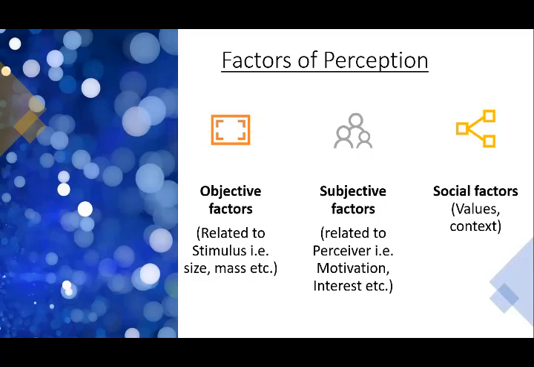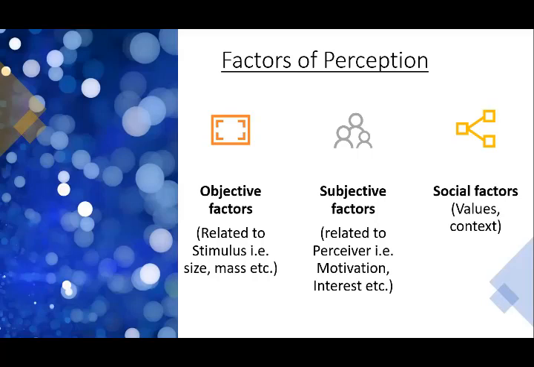Then another important factor, very crucial I must say, in organizing and then translating the data from the environment, is known as the subjective factors. Those variables that are linked with your own mind. I mean to say, what are your motivations, what are your interests, in which context you are thinking right now, in which context you are receiving the information.